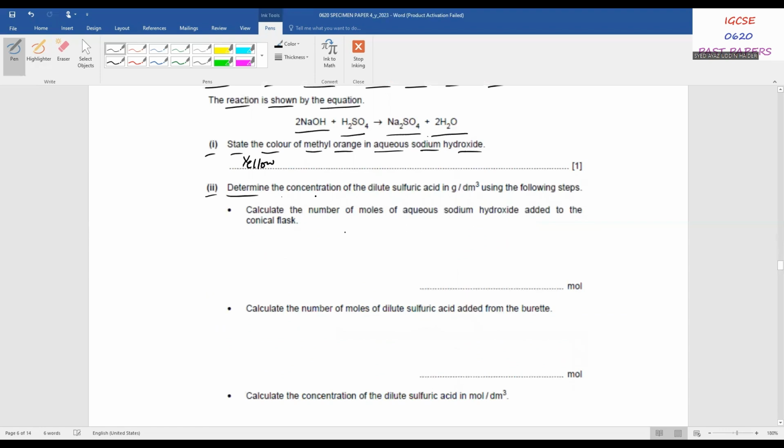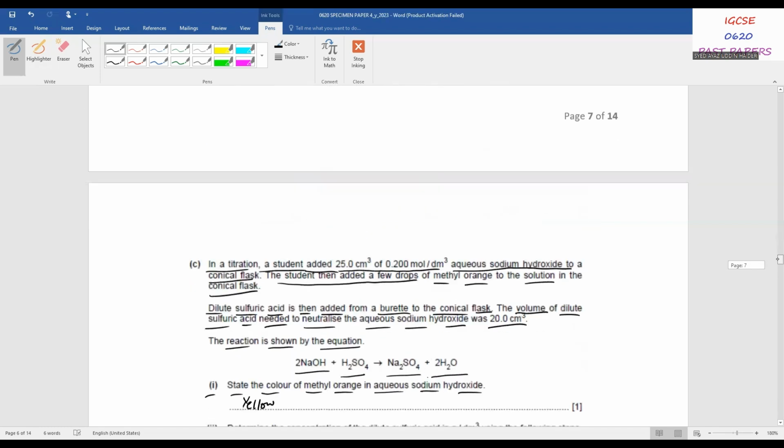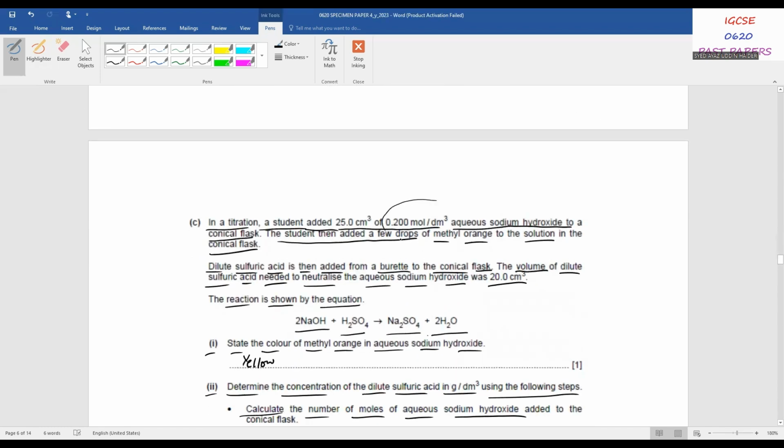Number two, determine the concentration of the dilute sulfuric acid in gram per decimeter cube using the following steps. Calculate the number of moles of aqueous sodium hydroxide added to the conical flask. We know the strength of sodium hydroxide, it's 0.2 mole per dm cube, and the volume is 25 centimeter cube.